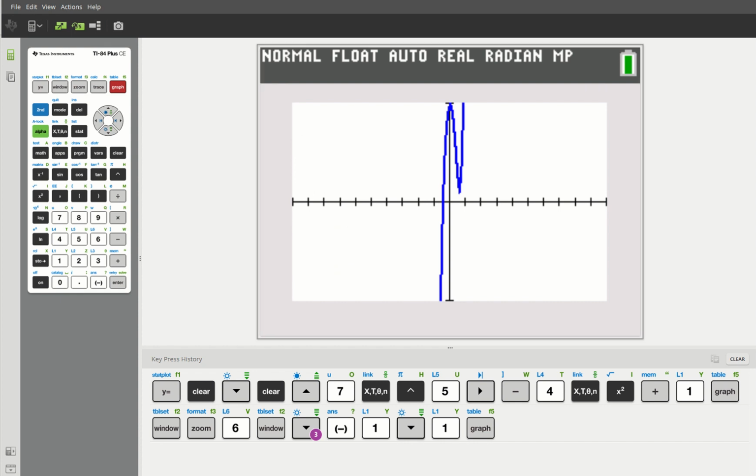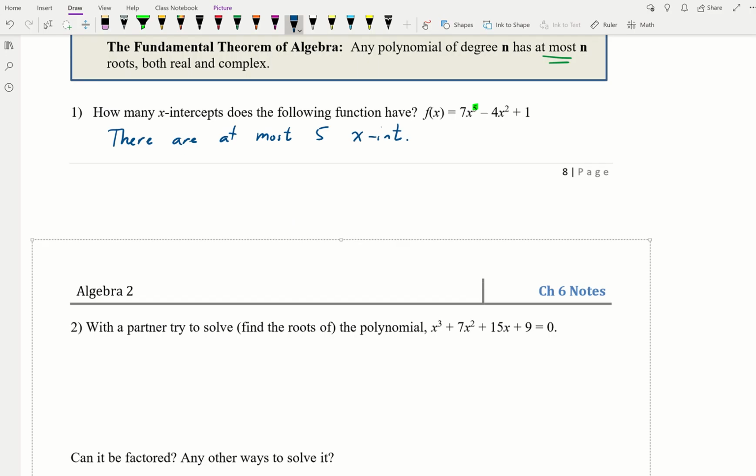We'll see the graph crosses the x-axis here at one point, but it didn't actually cross at this point. It got pretty close, because this is 0 and all the way up here is only 1, but it doesn't actually reach the x-axis. So in this example, while there are at most 5 x-intercepts, there's actually only 1.